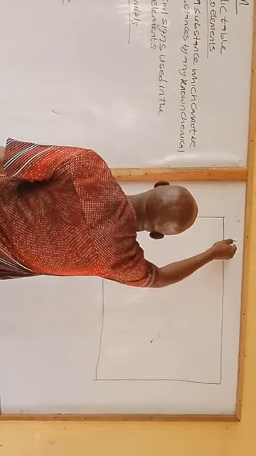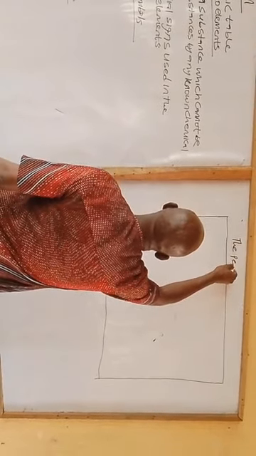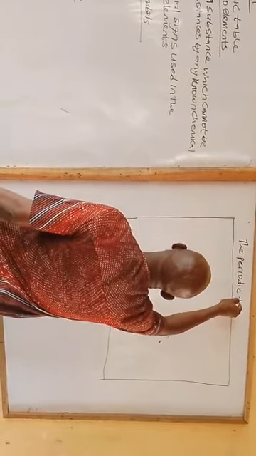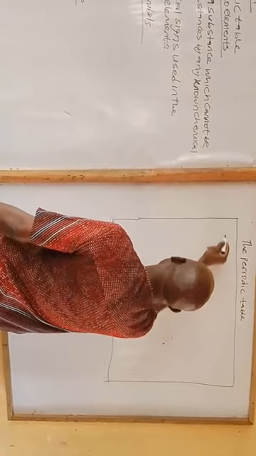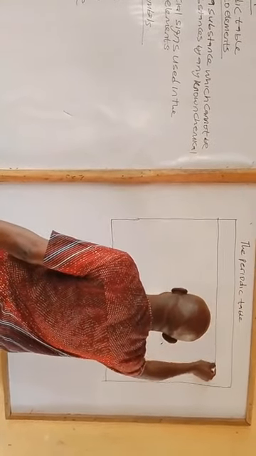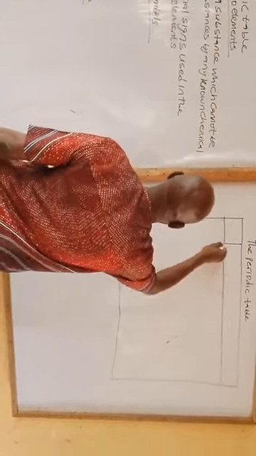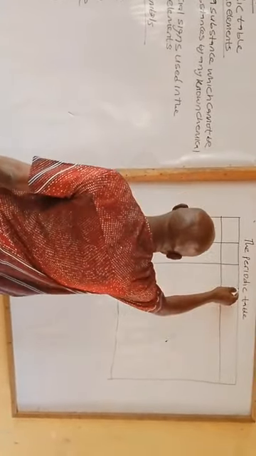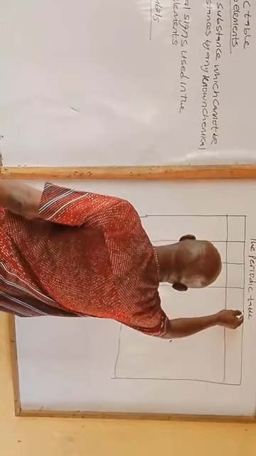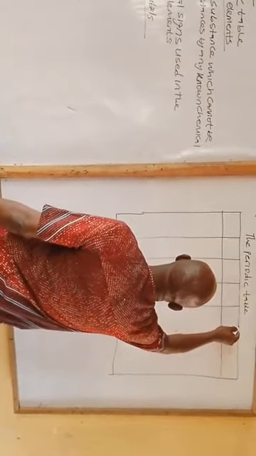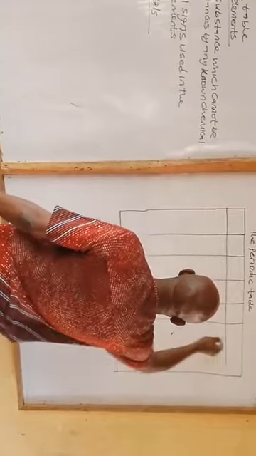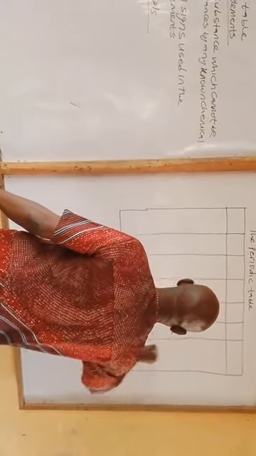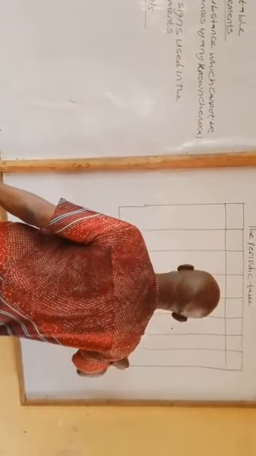So, the periodic table is divided into 8 groups. 1, 2, 3, 4, 5, 6, 7, and 8.